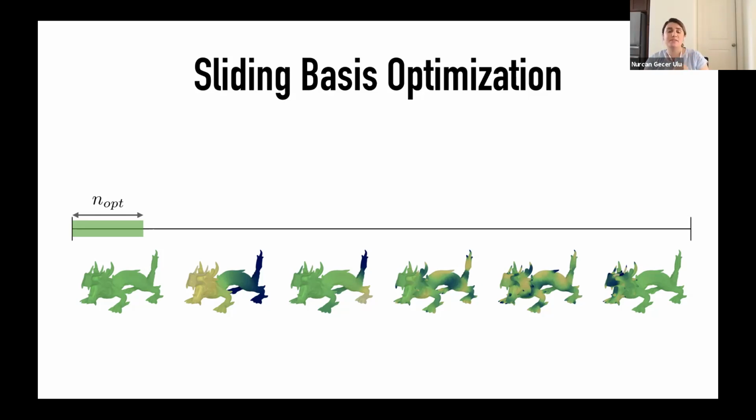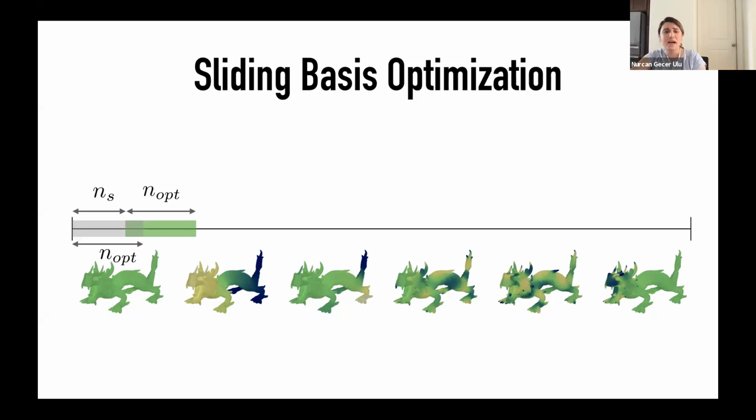And in that, the idea is we start with a small set of basis functions, and then basically we are using only a small set of lower frequency bases at the beginning, and then we do the optimization for only those bases.